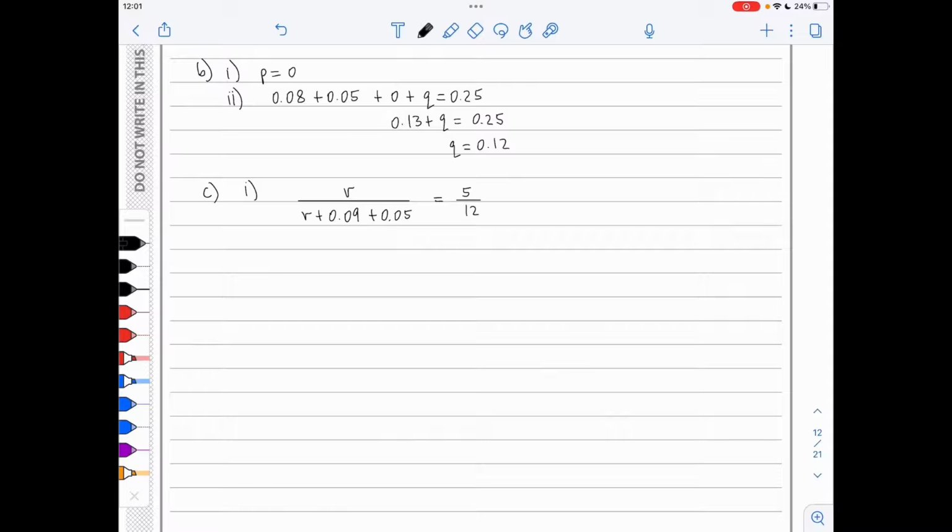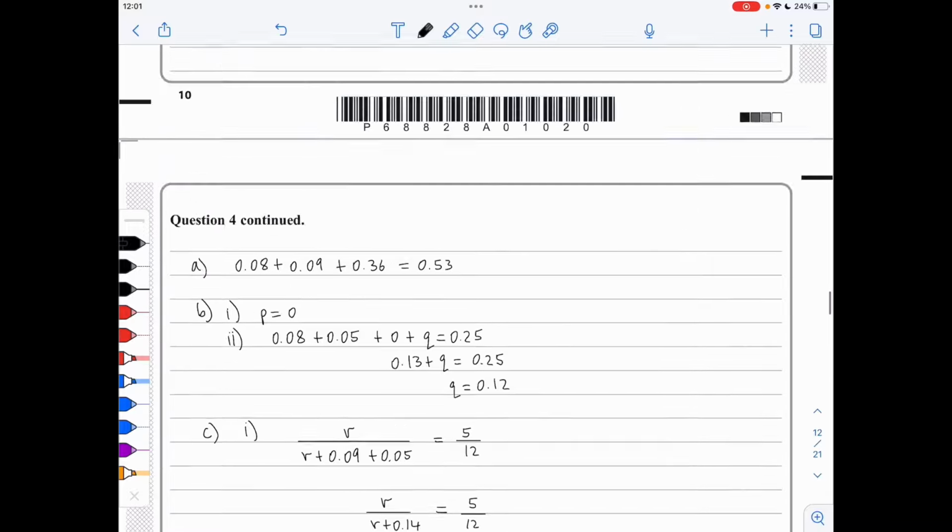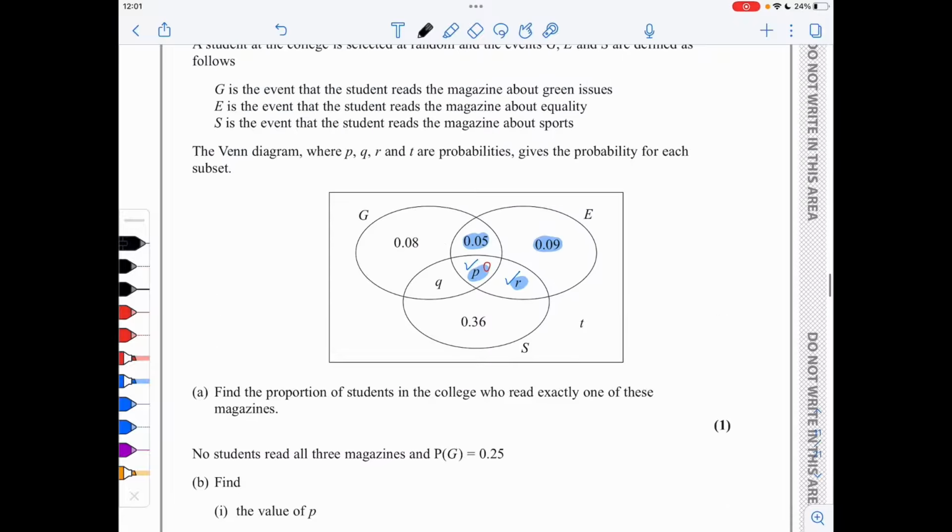This means that R over R plus 0.14 is 5/12. I will cross multiply to get that 12R is 5R plus 0.7, and therefore 7R is 0.7, which means that R is 0.1. So I will go back to my diagram now and update R with the value of 0.1.